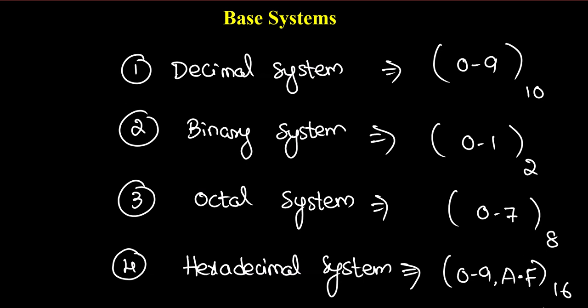For EC students, take roll number 499: 4 is the branch code for EC. Then for the next number, they use 4A0 because the branch code should not be disturbed. Instead of 10 they use the letter A, instead of 11 they use B. That is the hexadecimal system in roll numbers.